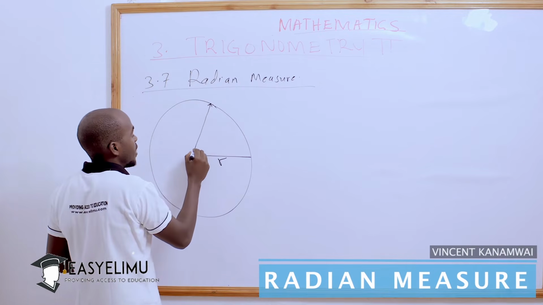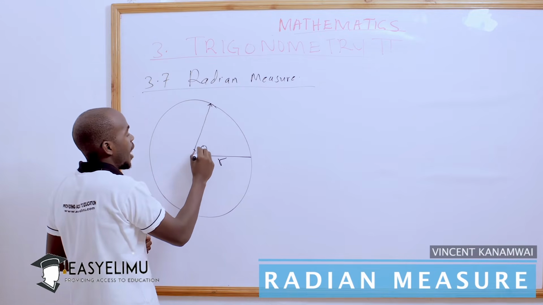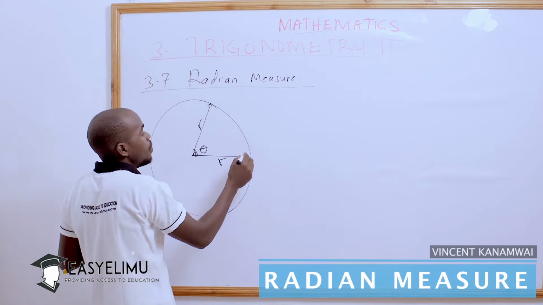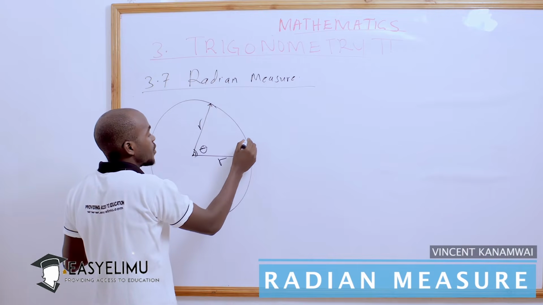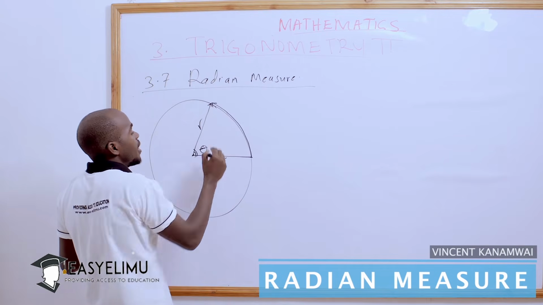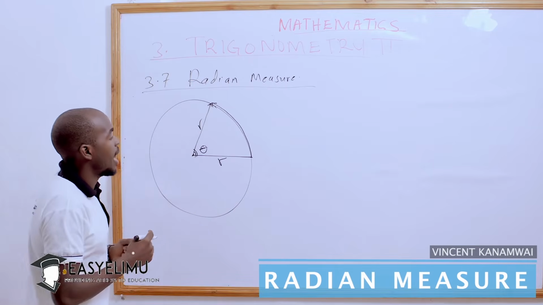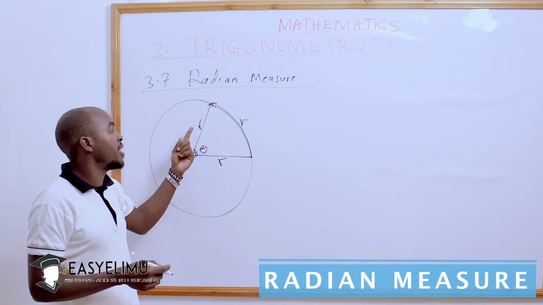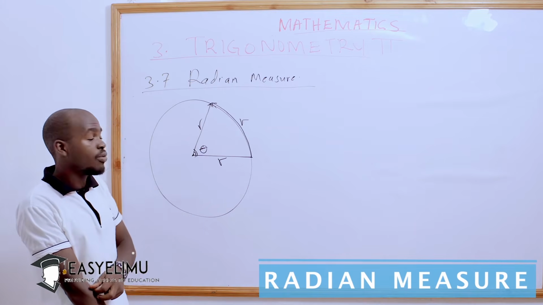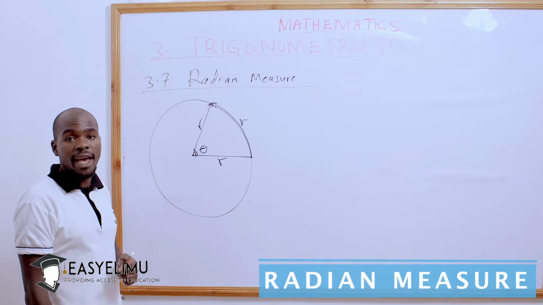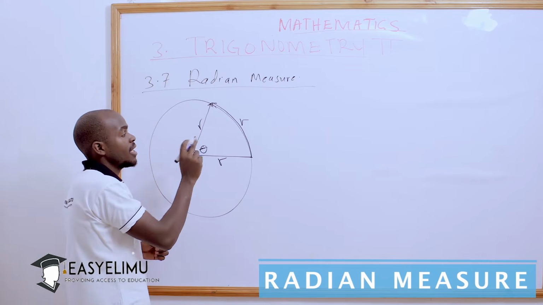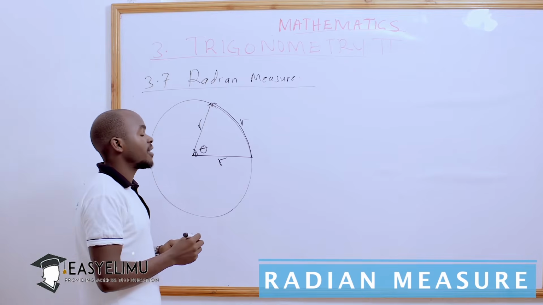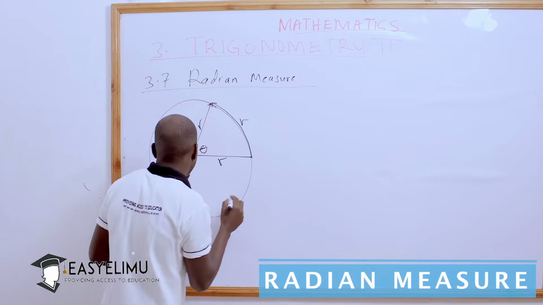If one moves along the circle and covers a length equal to the radius of the circle, then the angle subtending that arc is what is referred to as 1 radian.